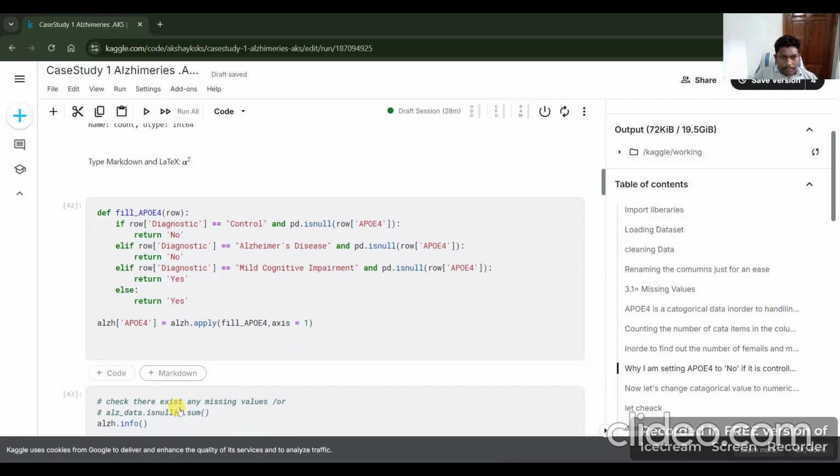Here we can also apply it to the APOE4 column.